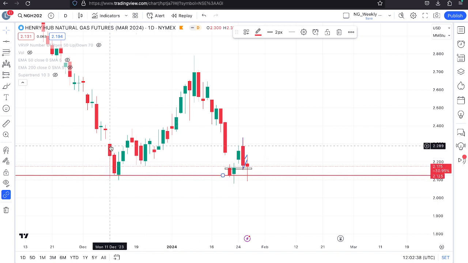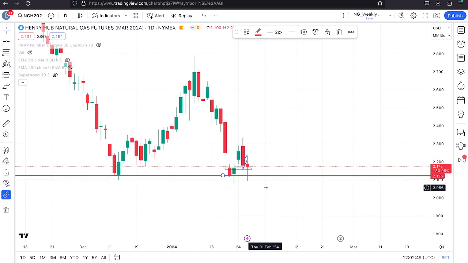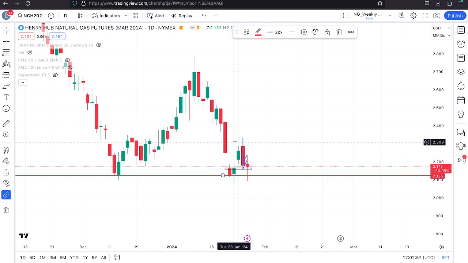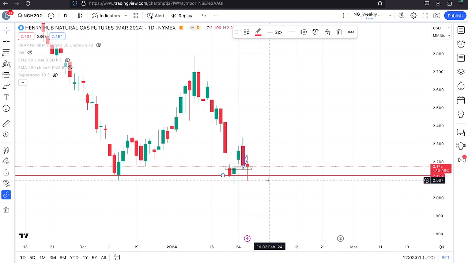See this candle, down here bulls are pushing it up, bears pushing it down, but look at that, bulls just pushing it up. So we need a daily close below 2.125 to weaken the bulls, or for bears to take control. But again, the bulls are still strong in this zone, but we'll see how it goes in the upcoming week.